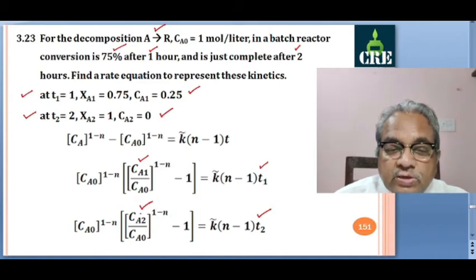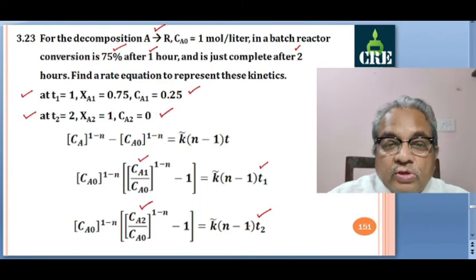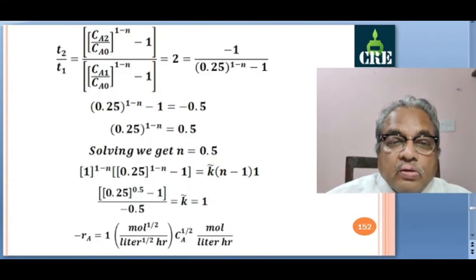Similarly, for second case, Ca2 by Ca0 raised to 1 minus n, and this is equal to k bar n minus 1 into t2. So we have these 2 points. If I take the ratio of this T2 by T1, this is 2 by 1, 2, and substitute these values.